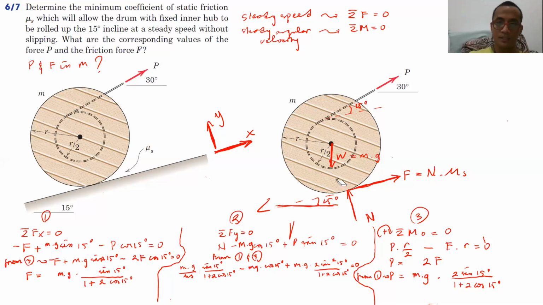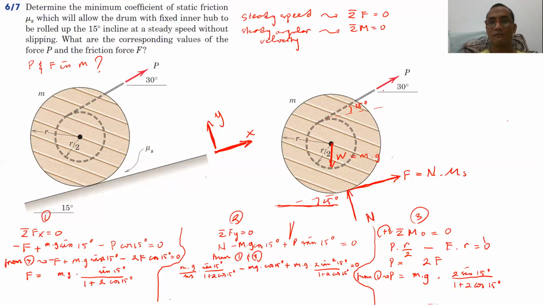But if later your result is negative, then you have to know that the actual direction is the opposite. For this particular case, I know from the beginning that there is no slipping and there will be a rotation with steady angular velocity, and because of that, sigma moment equals 0.